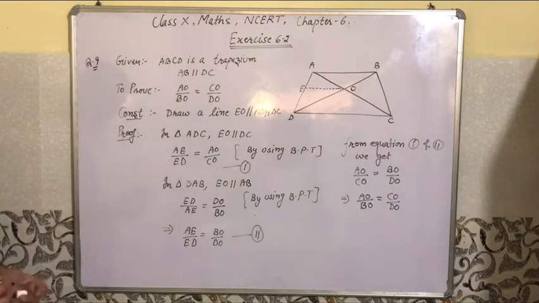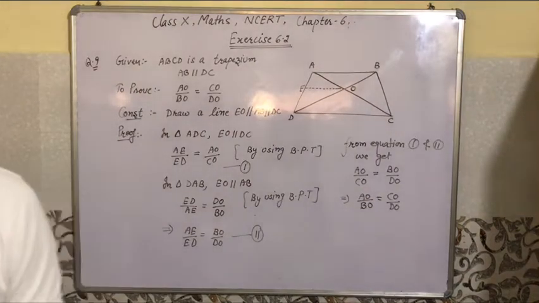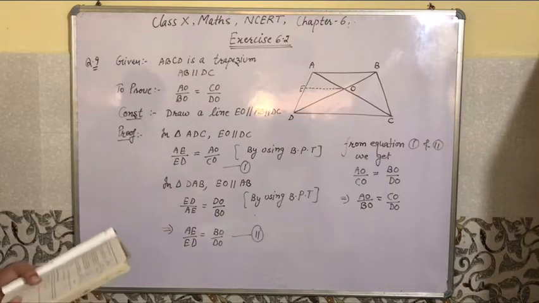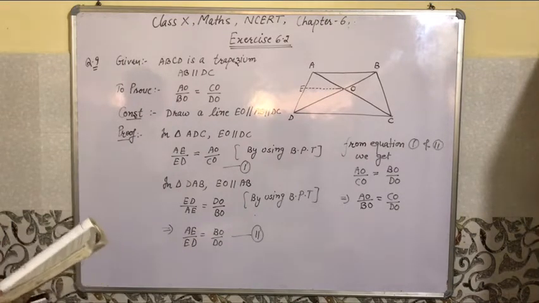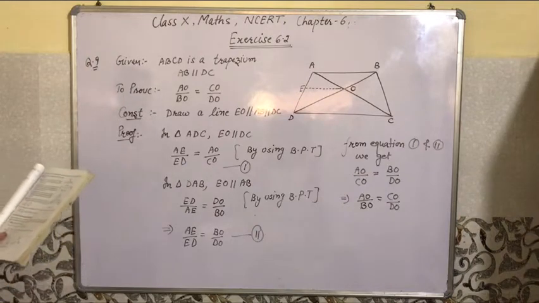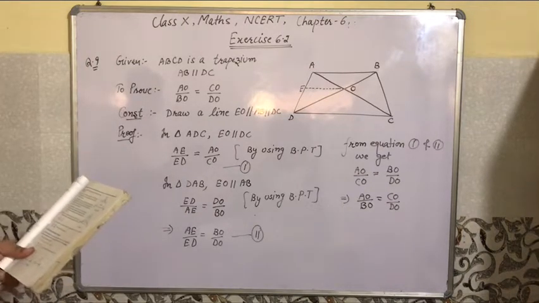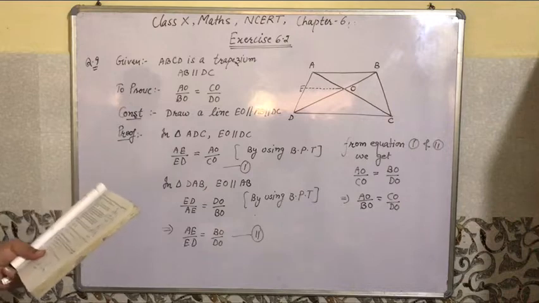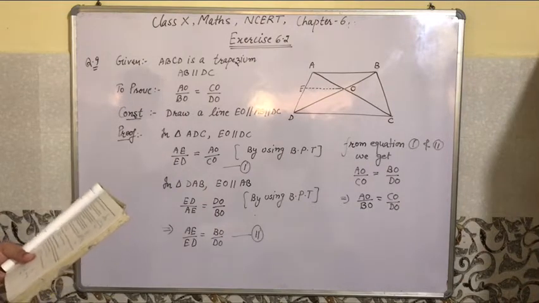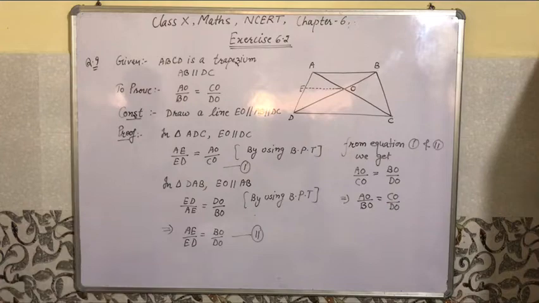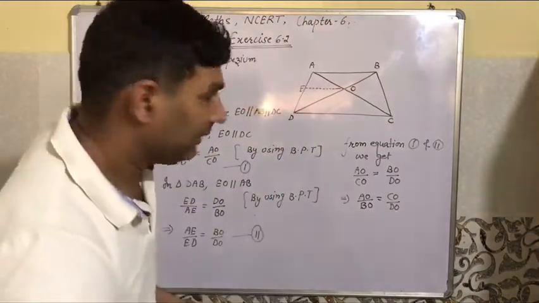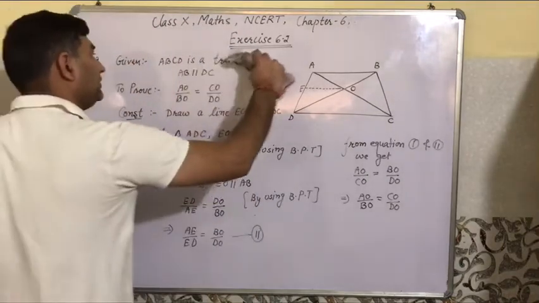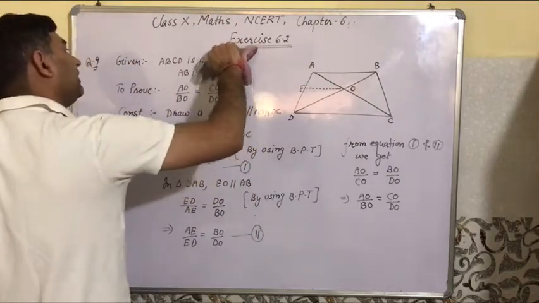And then in question number 10, the diagonals of a quadrilateral ABCD intersect each other at point O such that AO upon BO is equal to CO upon DO. Show that ABCD is a trapezium. The figure is the same as this question, and given this ABCD is not a trapezium, ABCD is a quadrilateral.